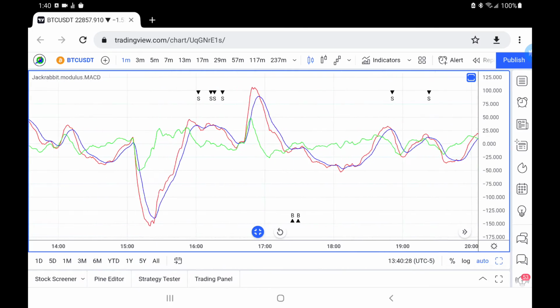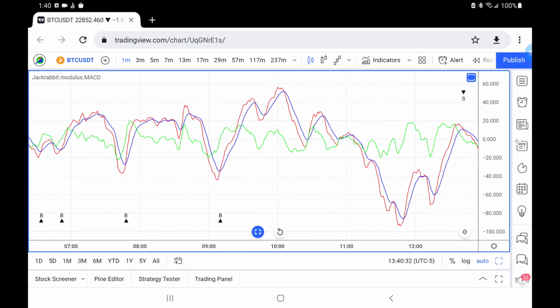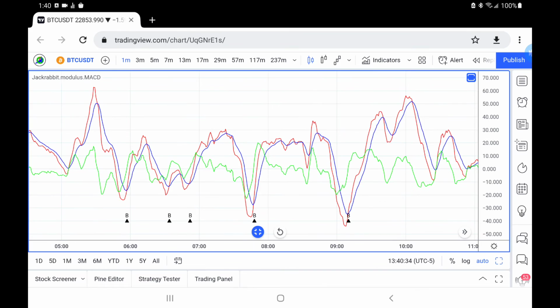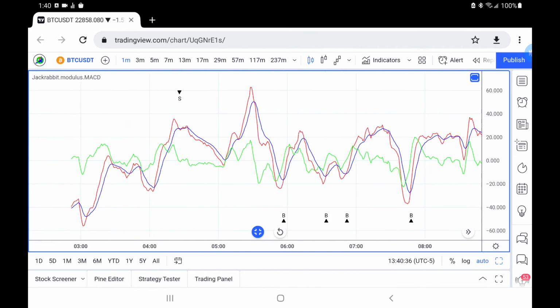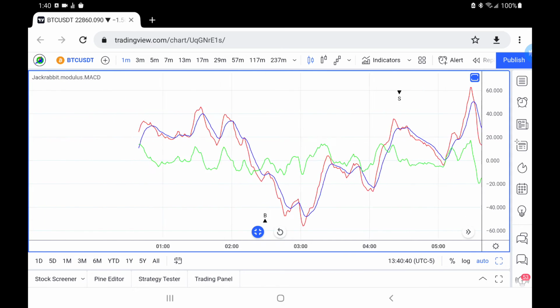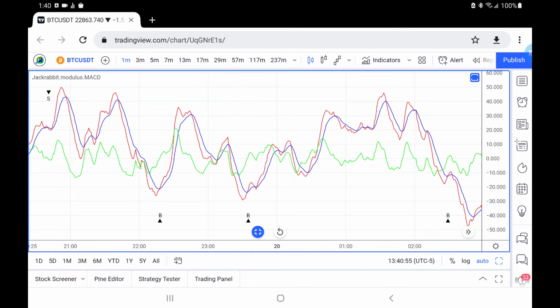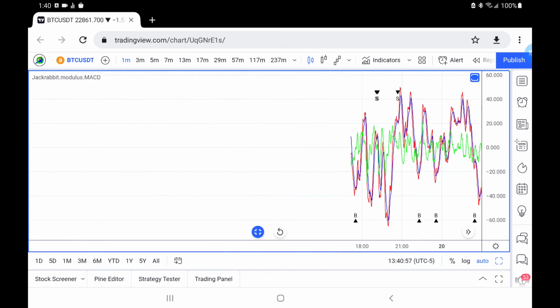So let's see. Still not getting very good entries. As you can see, the market is quite weak in a lot of areas. But it looks like if we do a purchase distance of 20 and a selling distance of 25, we can filter out some of this noise.